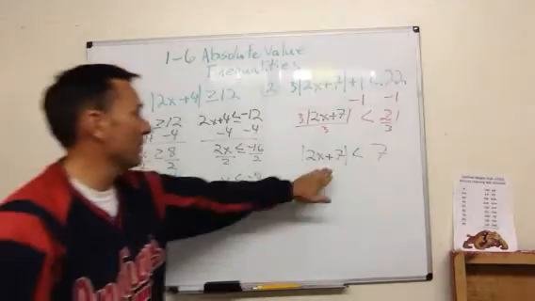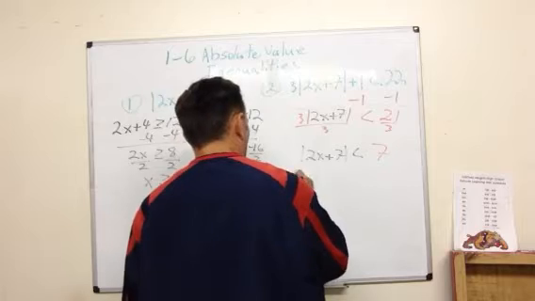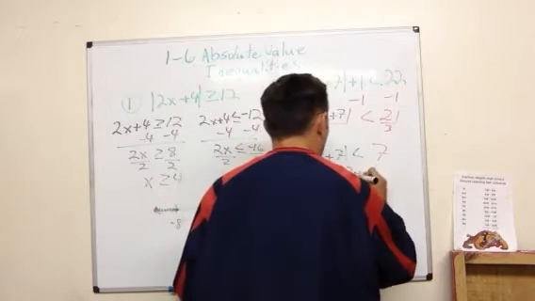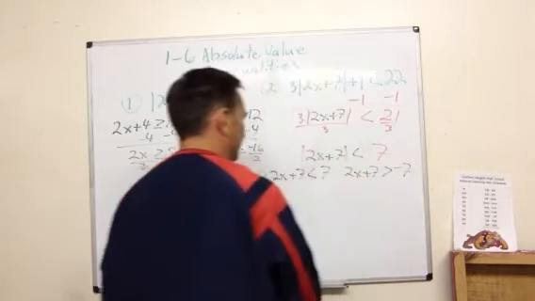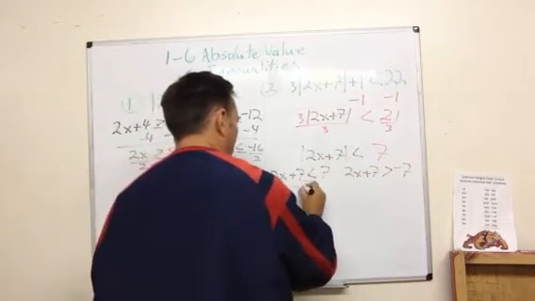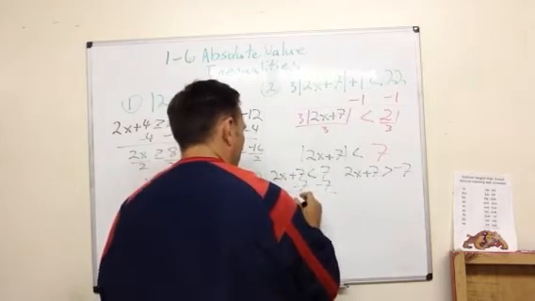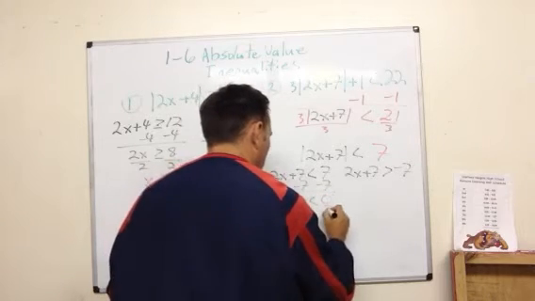We now have our absolute value all by itself, so write out our two problems. 2x plus 7 is less than 7, and 2x plus 7 is greater than negative 7. Go ahead and solve. We're adding negative 7s to both sides. We get 2x less than 0.